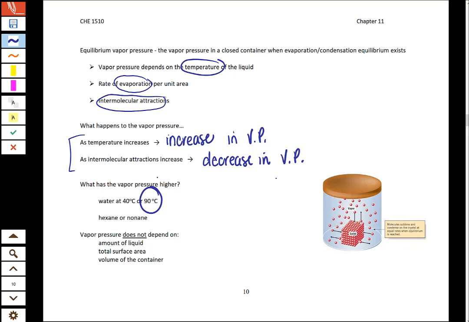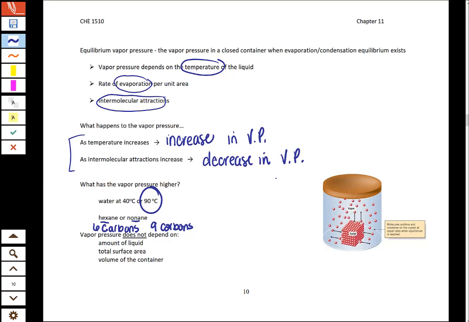Okay, now let's talk about hexane versus nonane. In order to answer this, you need a little bit more information. You need to know that hexane is 6 carbons long and nonane is 9 carbons.